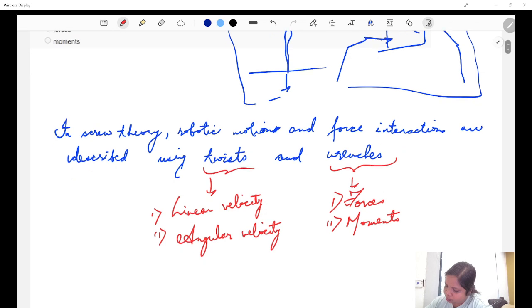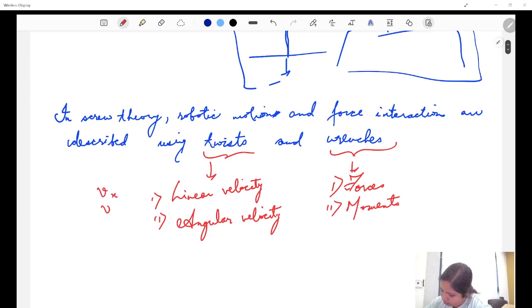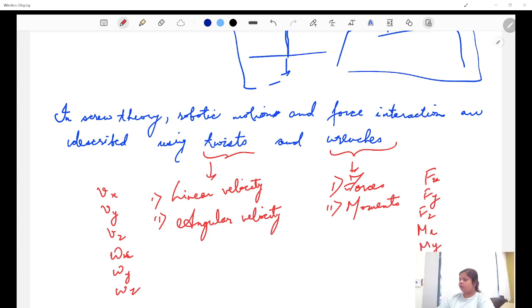Basically Vx, Vy, Vz, omega x, omega y, omega z, and in the case of forces and moments, it is Fx, Fy, Fz, Mx, My, Mz. So these are the 12 things basically.